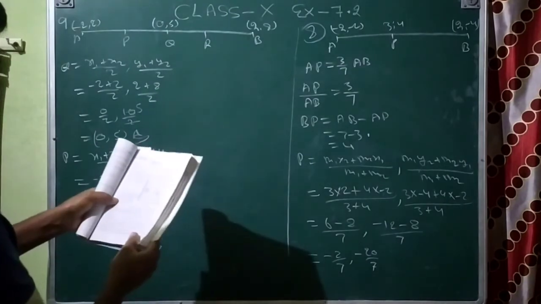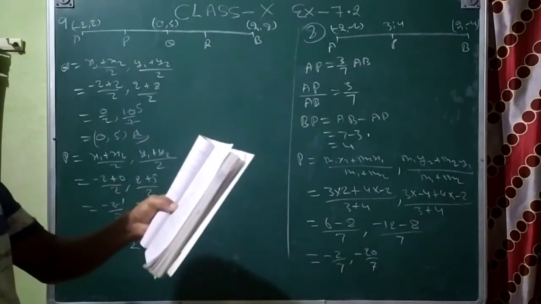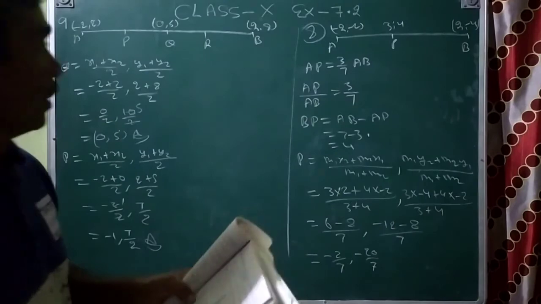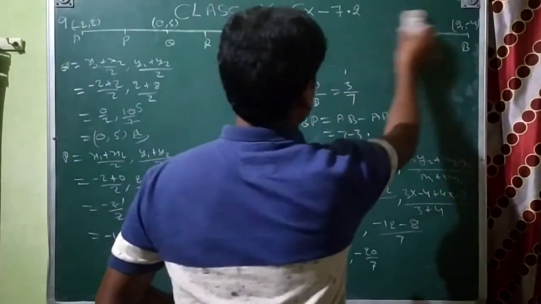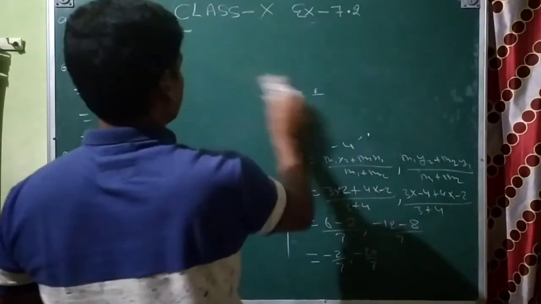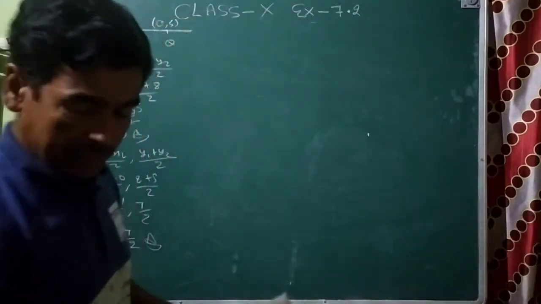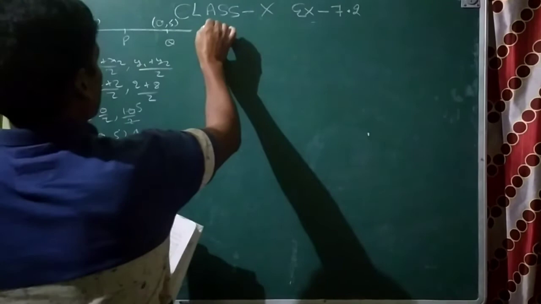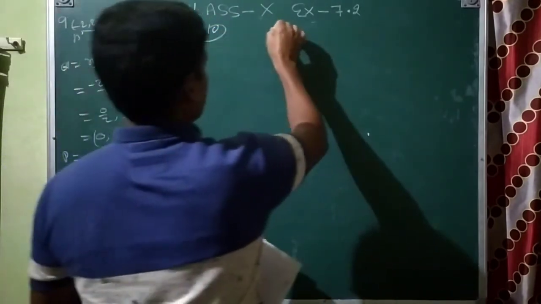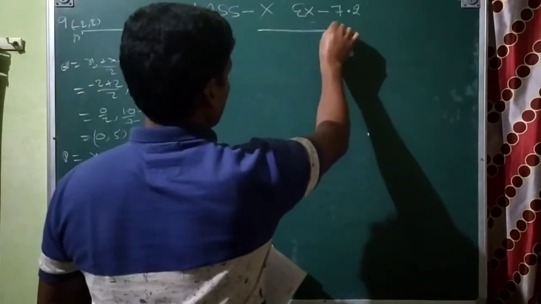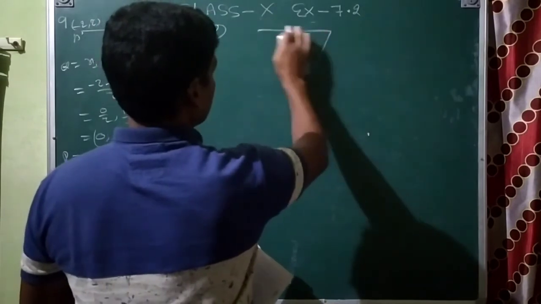Now question number 10. Find the area of the rhombus. The rhombus is given here. This is the last question of this exercise. First of all we will draw the rhombus. Rhombus means, you know, all sides are equal.